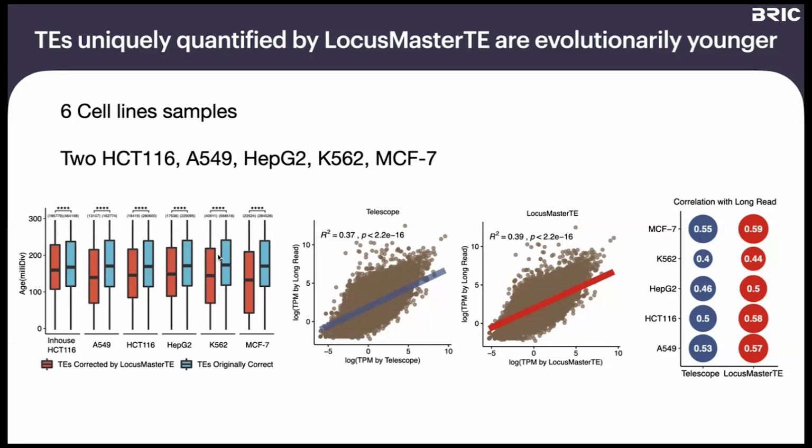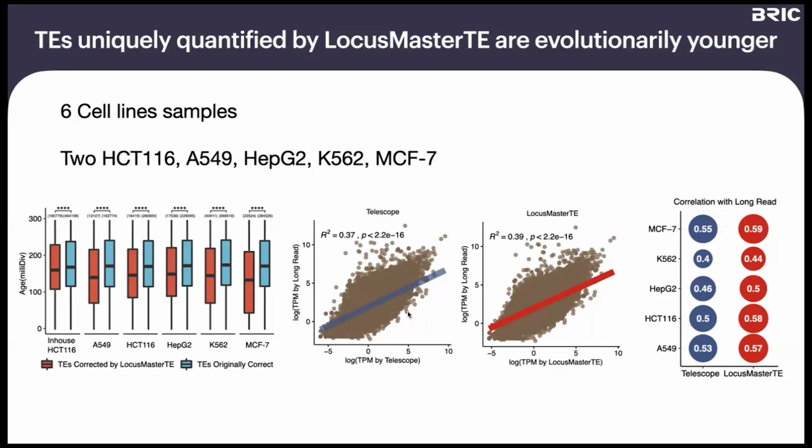This finding suggests that LocusMasterTE is better at correcting the expression of younger TEs, which are typically more challenging to quantify.